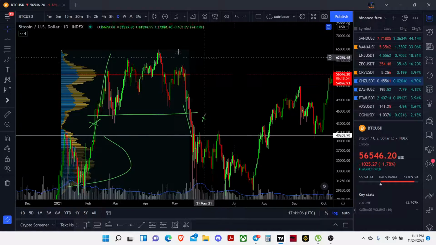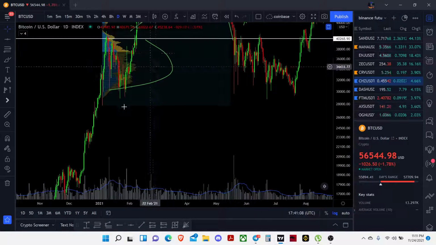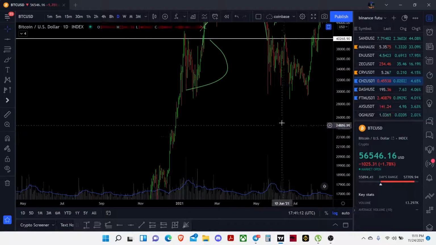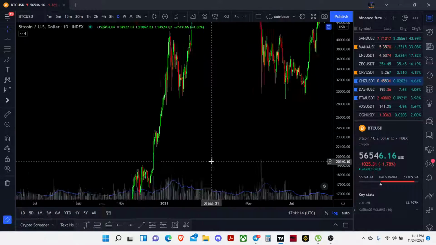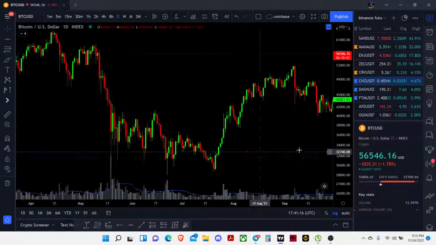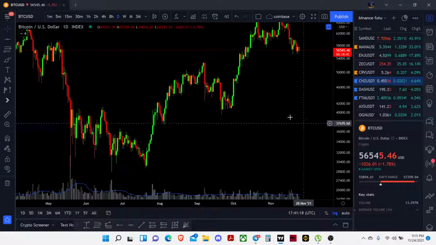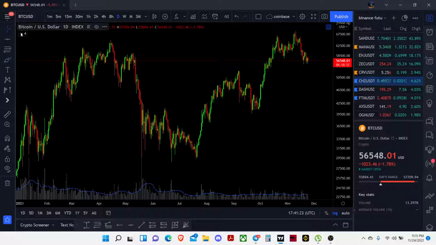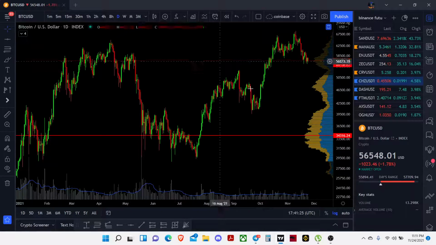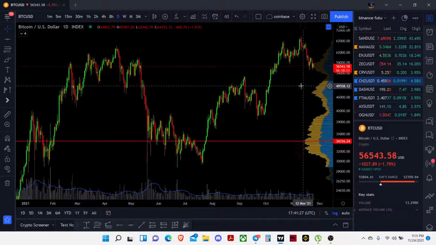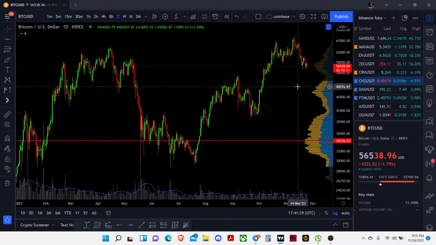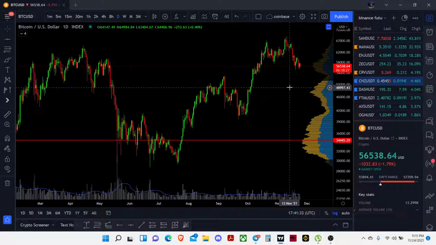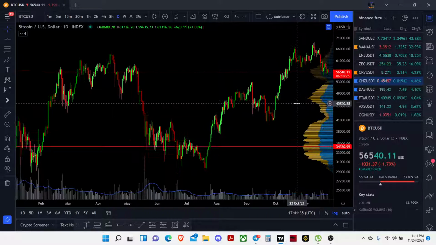So let's look at the market's current conditions in the same way that we looked at the past. For that, I'm turning on the VPVR, the visible range, not the session. If I take this as a range, you can see the range over here very clearly.